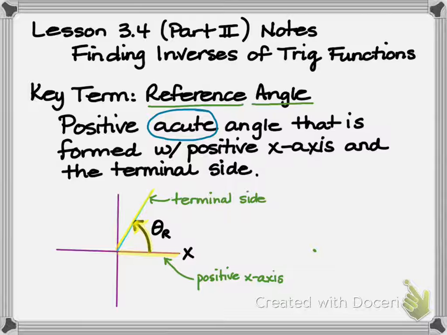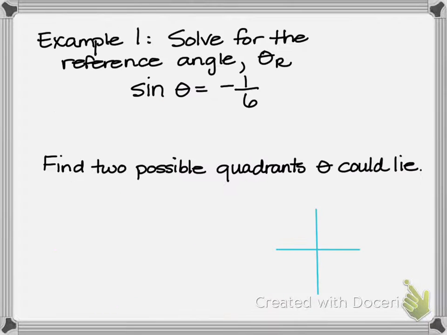Since that angle is less than 90 degrees, we know that it is an acute angle. So for the sake of argument, reference angles are always found in quadrant 1 of a unit circle diagram. So how are we going to use this term? So let's move on to example number 1.